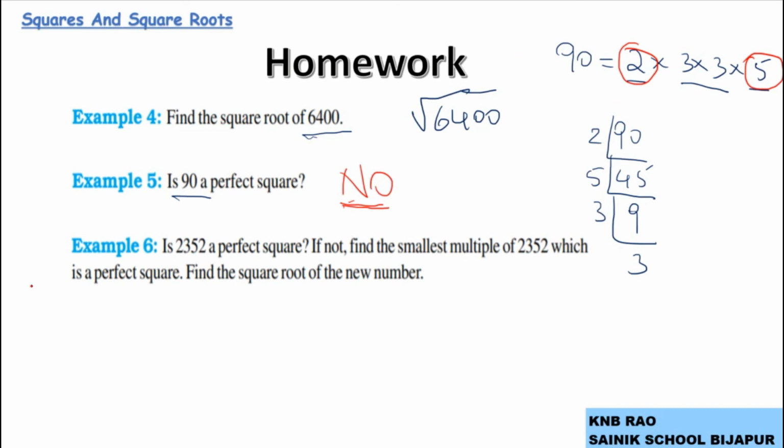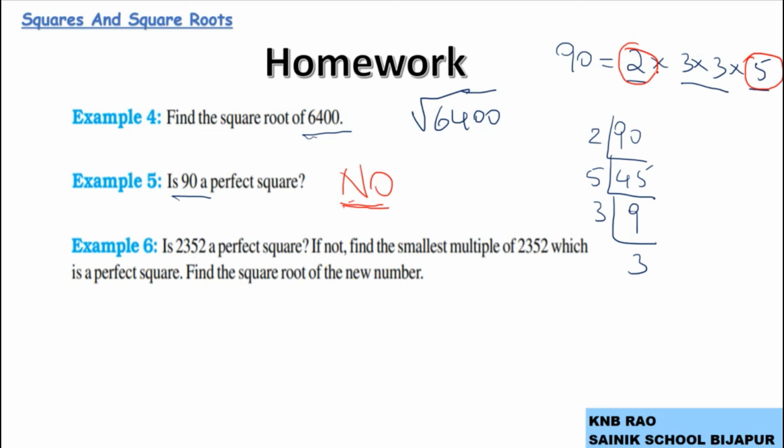Next, example number 6, you need to check, is 2352 a perfect square? If it is, find the smallest multiple of 2352 which is a perfect square. So you need to find out by what number it is to be multiplied.